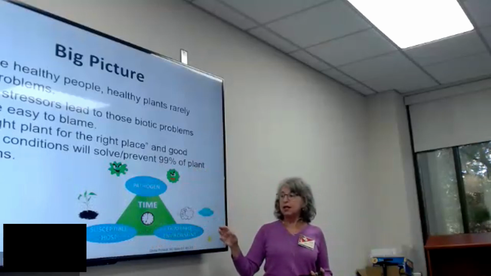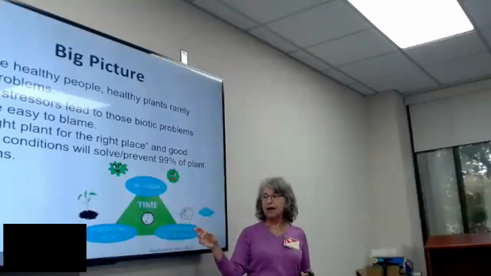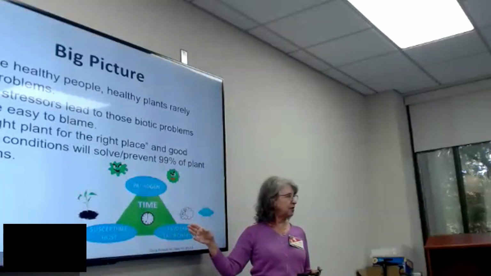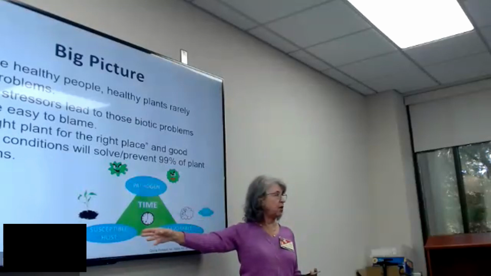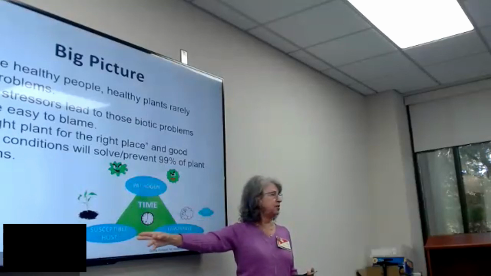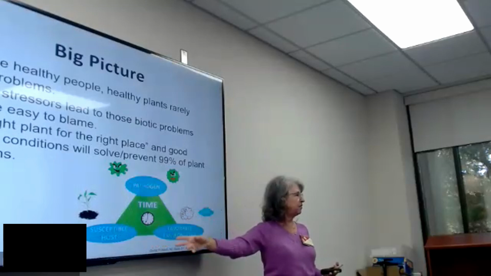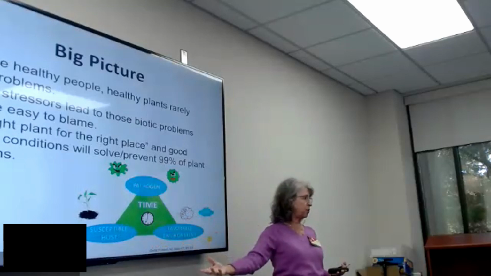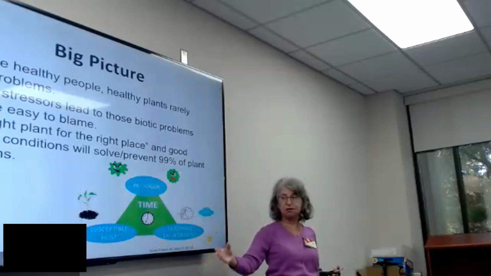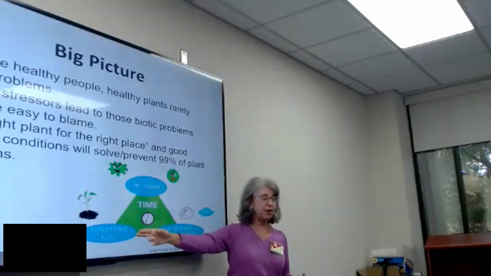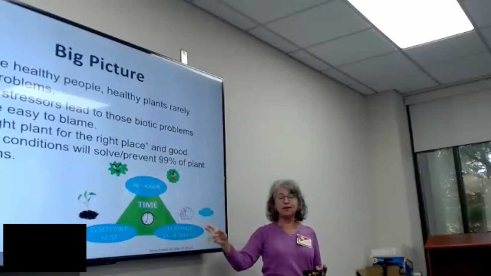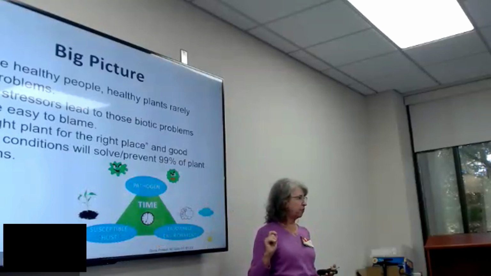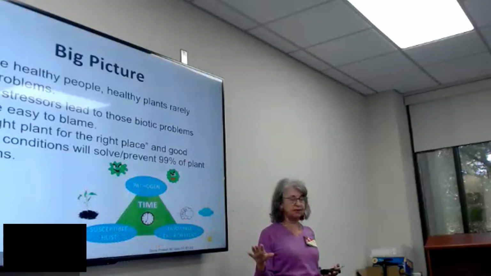But if the pathogen is there and it's one of those pathogens that likes moisture and the host is there, it's going to infect that host. But what if the host is not susceptible? You planted a resistant variety or you don't have the host for that particular pathogen. You're not going to get infection. And even if you have a host that's susceptible and the pathogen's there, if the environment is not favorable for infection, you won't get disease.